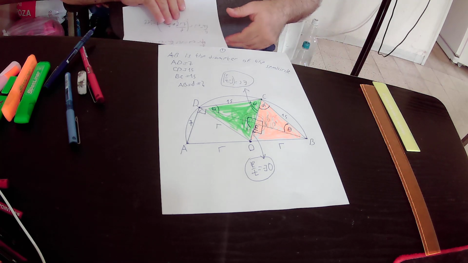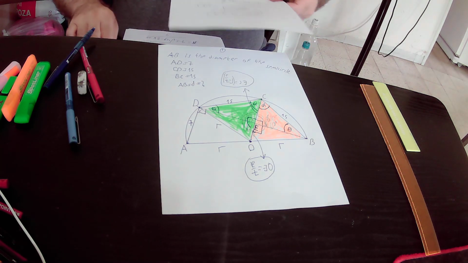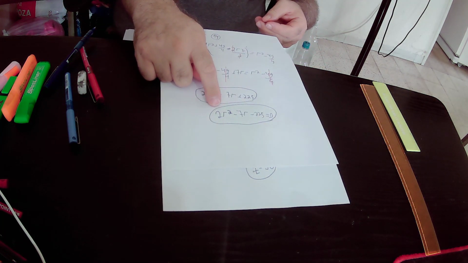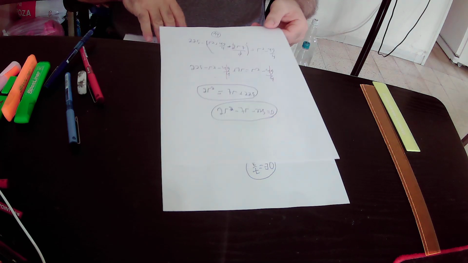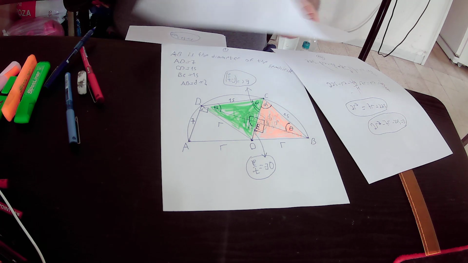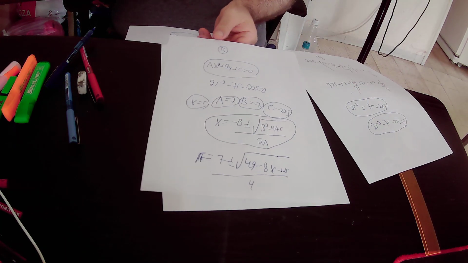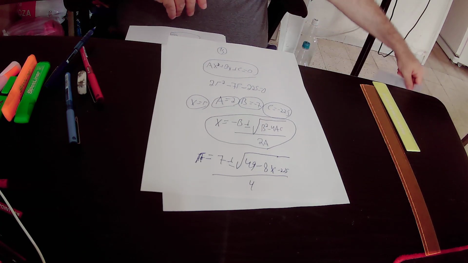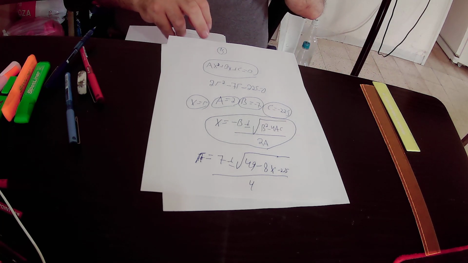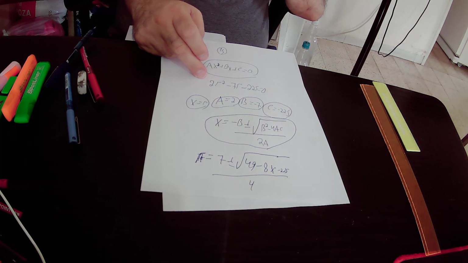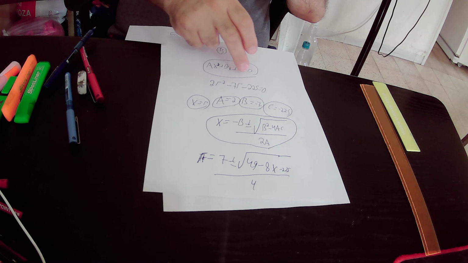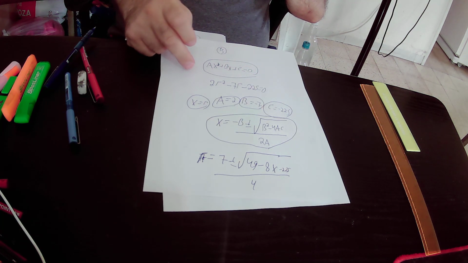So we solved this equality and we got this quadratic equation, and the general form of a quadratic equation is ax squared plus bx plus c equals 0. Our specific quadratic equation is 2r squared minus 7r minus 225 equals 0.